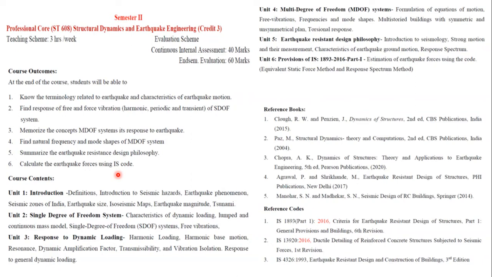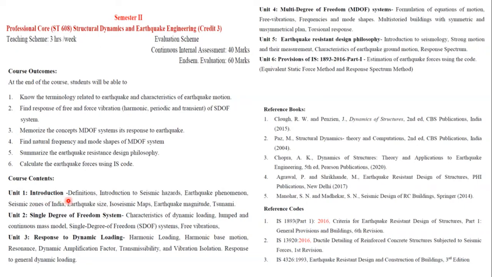The course is designed in 6 units, and hence there are 6 course outcomes. The first course outcome maps with unit number 1, the second with unit number 2, the third with unit number 3, and so on. Unit number 1 is introductory.